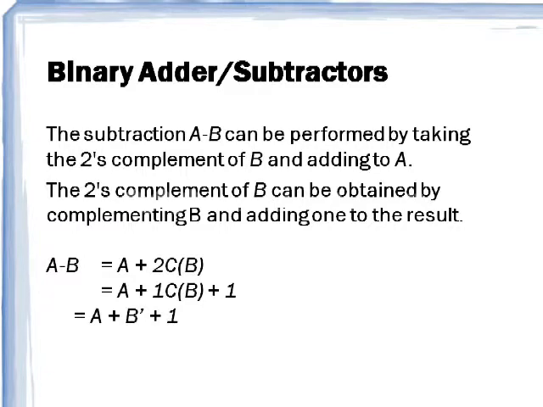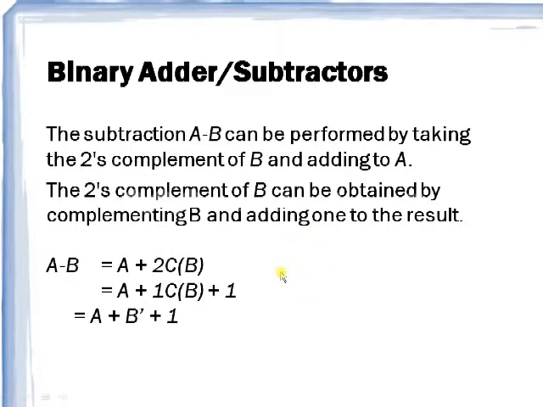Now let us see a single circuit which is performing addition as well as subtraction. The subtraction A minus B can be performed by taking the 2's complement of B and adding it to A. So if you want to perform subtraction between two operands, take the 2's complement of the second operand and add it to the first operand. The 2's complement of B can be obtained by complementing B and adding 1 to the result.